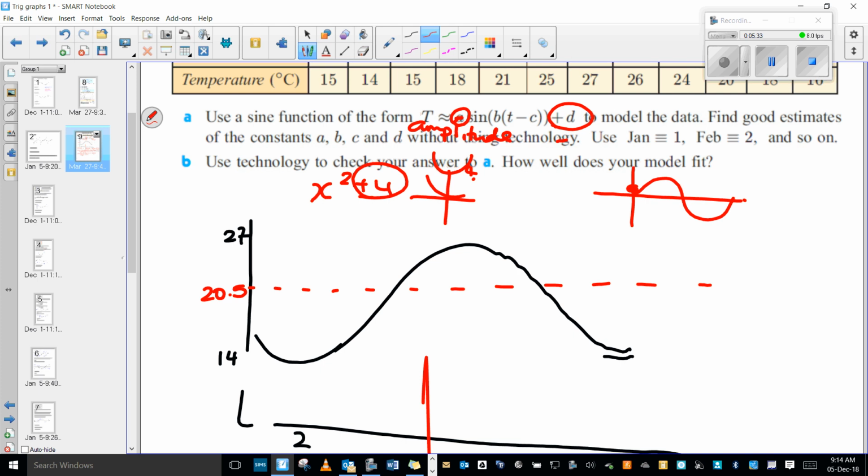I might have steered you in the wrong direction saying it's negative, because now I probably want to move this point over to here. This point here would carry on going up.